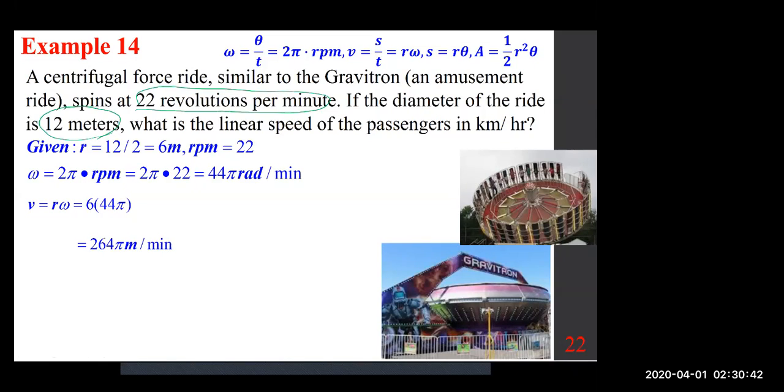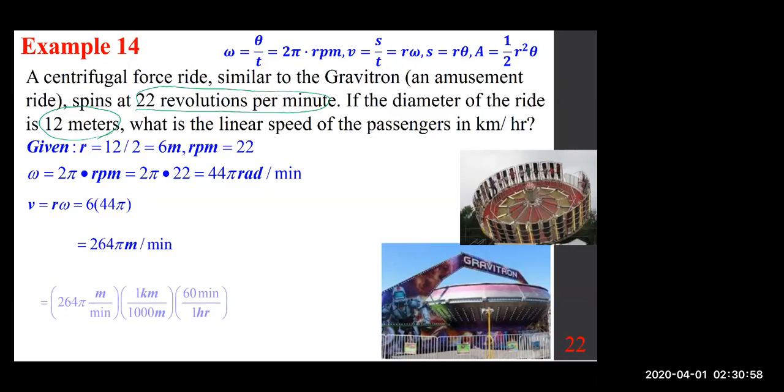So 264 pi meters per minute. We want to write it in kilometers. So meters, everybody knows 1 kilometer is 1,000 meters. And minutes, then 1 hour is 60 minutes. So we use the following format: 1 kilometer per 1,000 meters, 60 minutes per 1 hour.